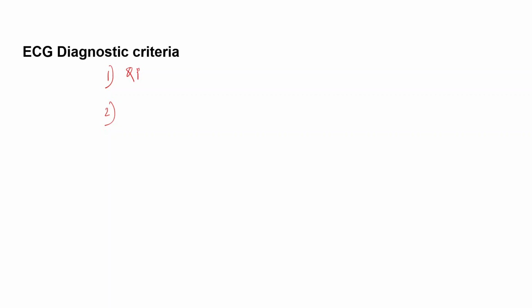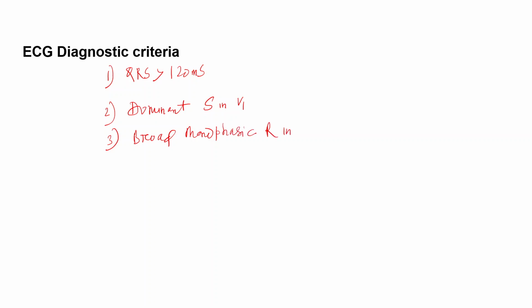First one is the QRS duration is more than 120 milliseconds, which we have already discussed. Then dominant S in V1, and absent Q in lateral leads. Lateral leads include 1, aVL and V5, V6.